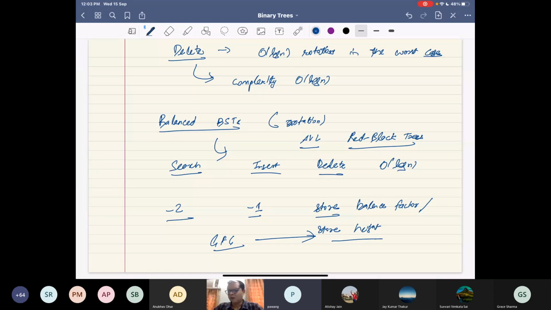You don't have to calculate that. So you can do it either way. If you store balance factor, just by doing a calculation on the balance factor of this node and the parent, you can do everything, because you have seen all the cases in theory. So you just have to replicate that in the code. And if you use height, yes, you can compute balance factor and do things. So both ways should be fine. I don't think you have to store both. Thank you, sir.